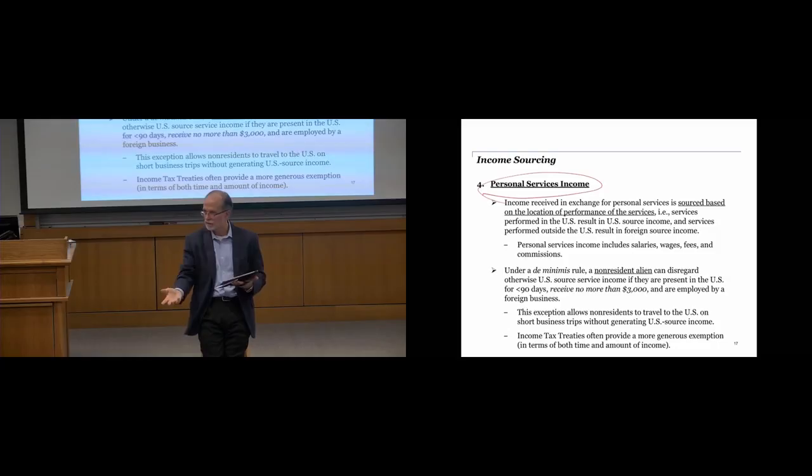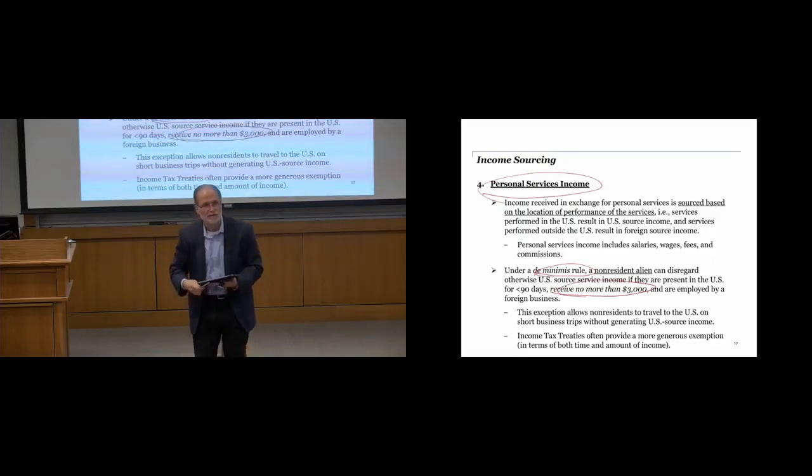Okay? Under a de minimis rule, a non-resident alien can disregard otherwise U.S. source income, service income, which means they're doing something in the United States, if they are present in the U.S. for less than 90 days, receive no more than $3,000, I'll come back to that, and are employed by a foreign business.